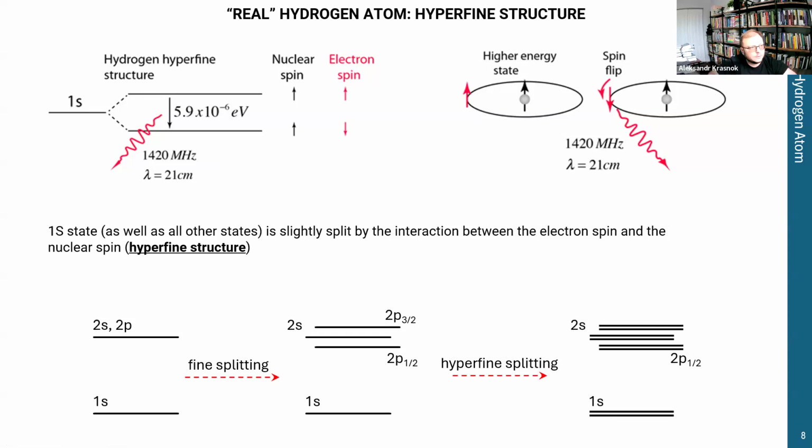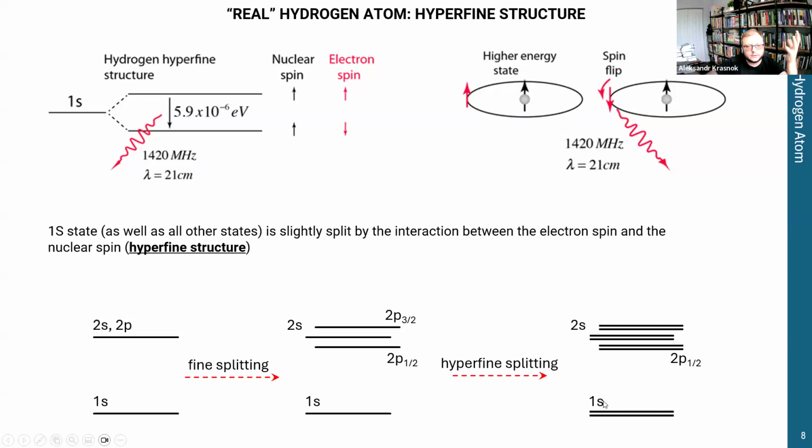For example, astronomers, people who study space, use this transition, detecting the radiation that comes to Earth from space that corresponds to this frequency of transition between these two states.